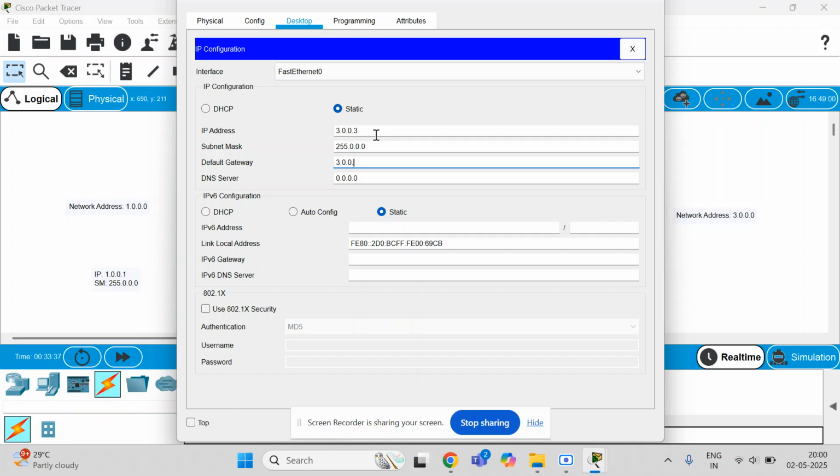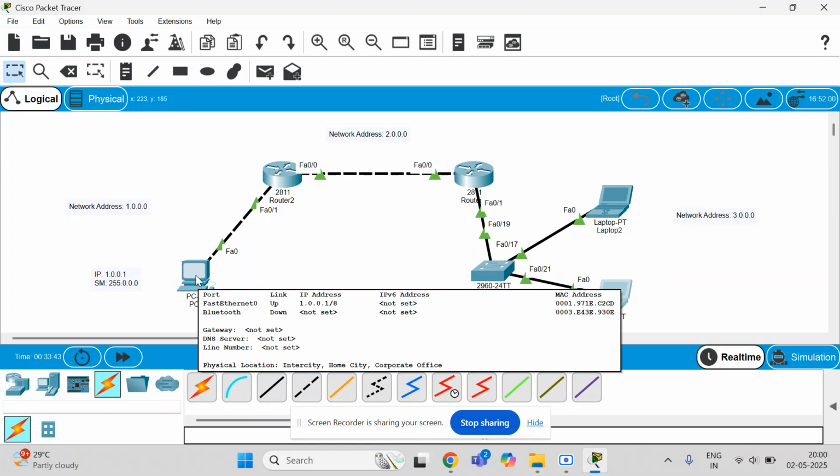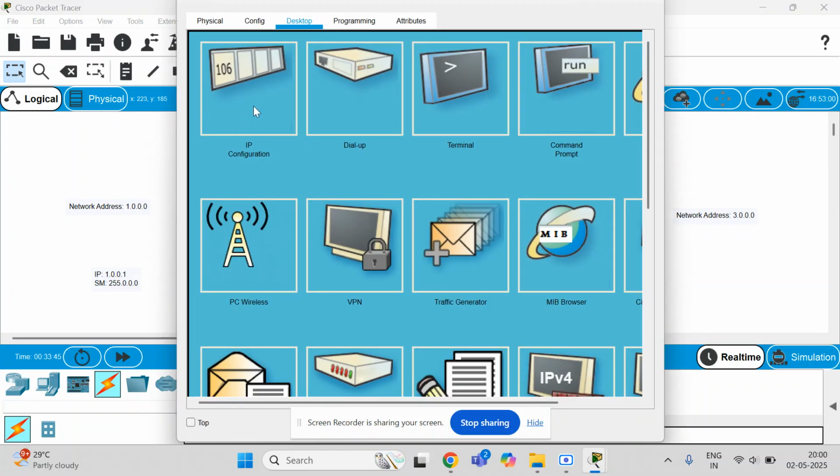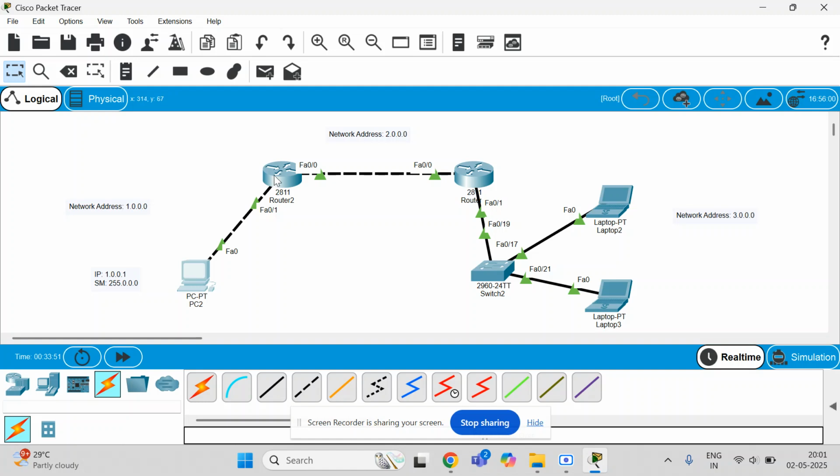Default gateway is 3.0.0.1. So done. We have given the subnet and default gateway to this first machine. Now we have to give the default gateway for the first PC, so it is 1.0.0.2, because 2 we have given to the router's Fa0/1 interface which is connected with the PC, so it acts as the default gateway.